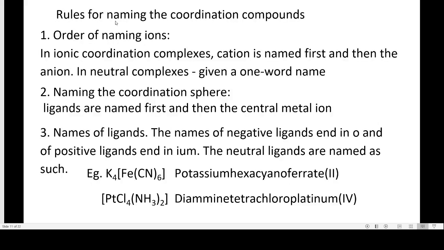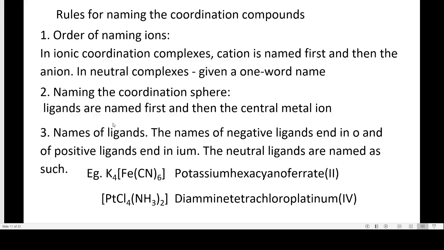See the rules for naming coordination compounds recommended by IUPAC. First is the order of naming ions. In coordination complexes, the cation is named first and then the anion. In neutral complexes, a one-word name is given. The second rule is naming the coordination sphere.